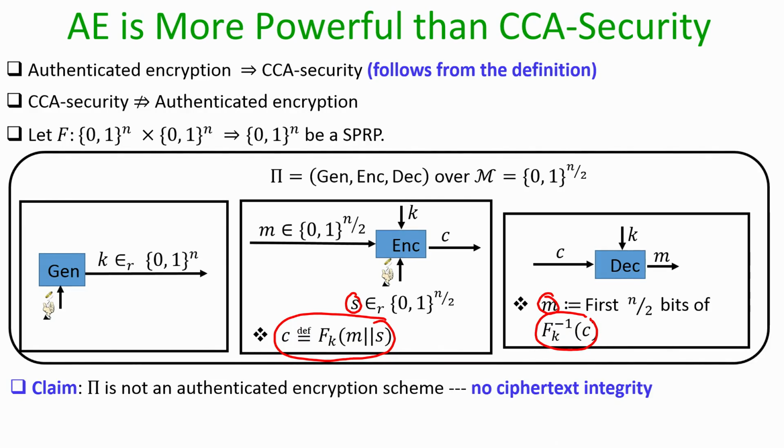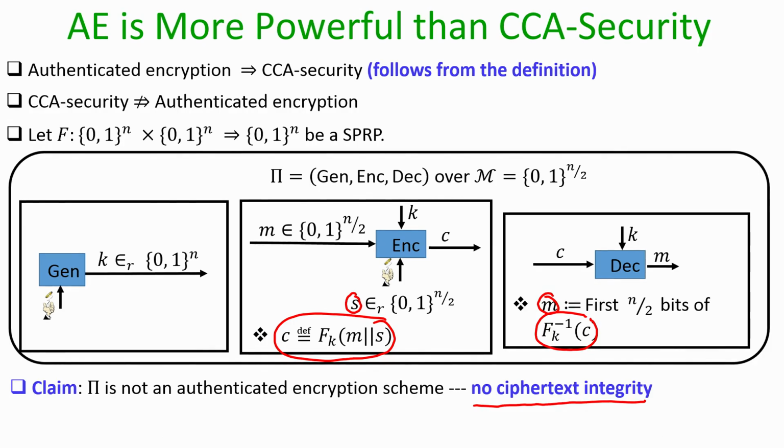Now, let us see whether this encryption process is CCA secure or not, and whether it is an authenticated encryption scheme or not. It turns out that this encryption process is not an authenticated encryption scheme, because it does not have the ciphertext integrity property. Remember, as per the definition of authenticated encryption scheme, the scheme has to satisfy both the CCA-Security property as well as the ciphertext integrity property, but the candidate encryption scheme that we have given here does not have the ciphertext integrity property.